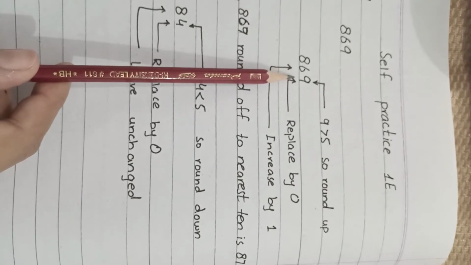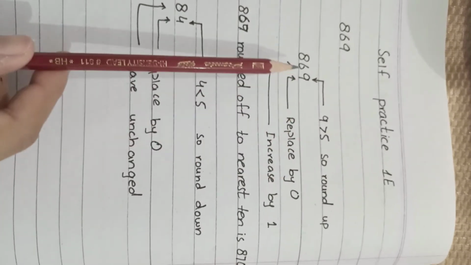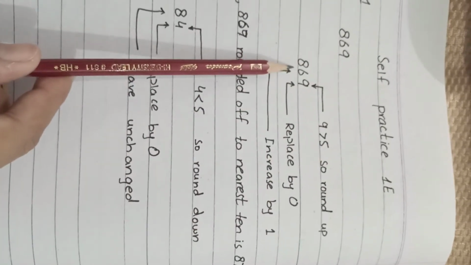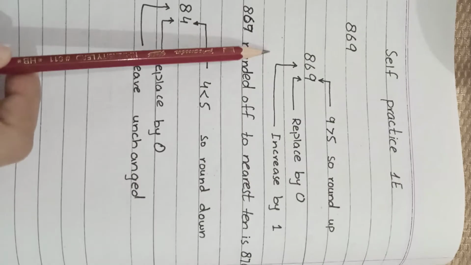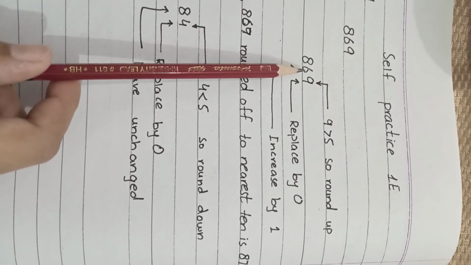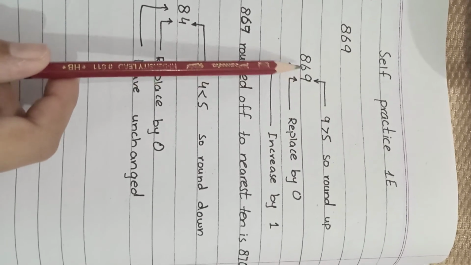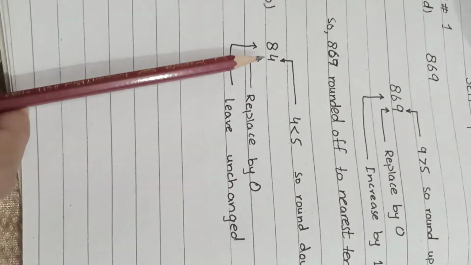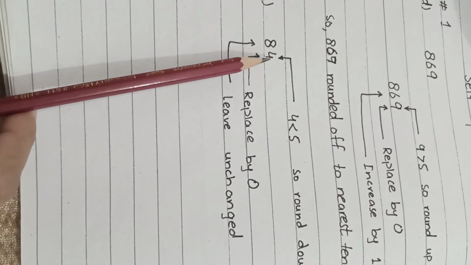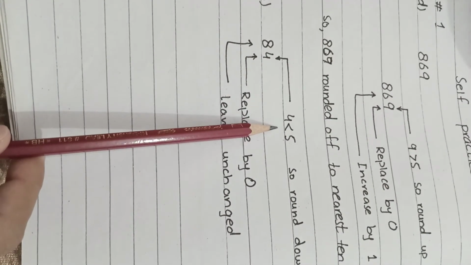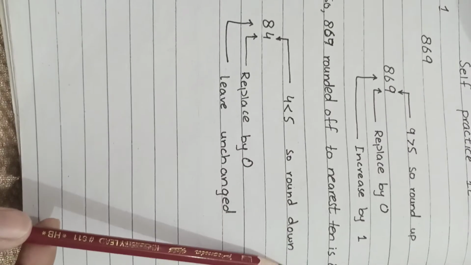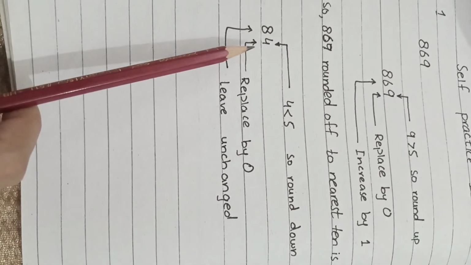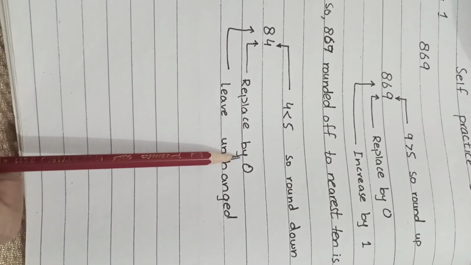We replace the ones digit by 0, and because 9 is greater than 5 we round up, meaning in the tens place we add 1. So 6 becomes 7, and the answer is 870. Next we have its B part, 84. You see that 4 is less than 5, so it will be rounded down. Whether rounding up or down, the ones digit always changes to 0.